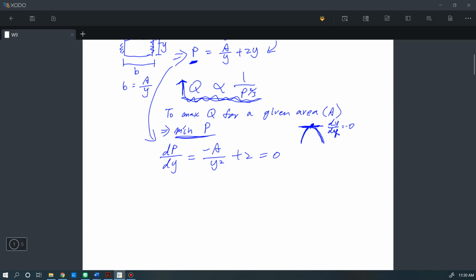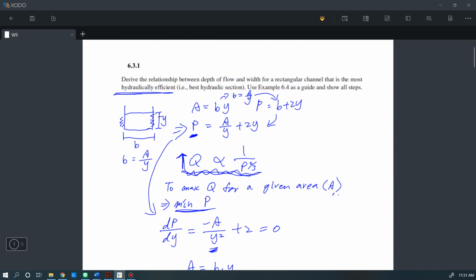Okay, that's just the idea of the calculus, but I think you should know this. So if we have this relationship here, we can calculate y for a given area, and we know that the area is equal to b times y, as we show up here.